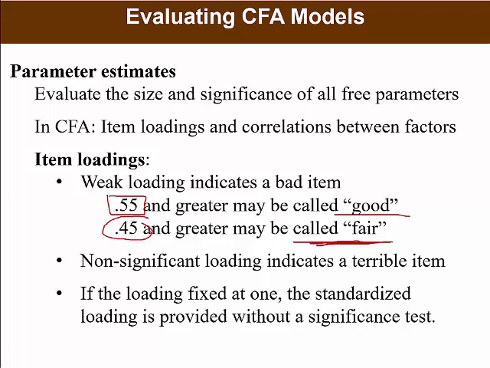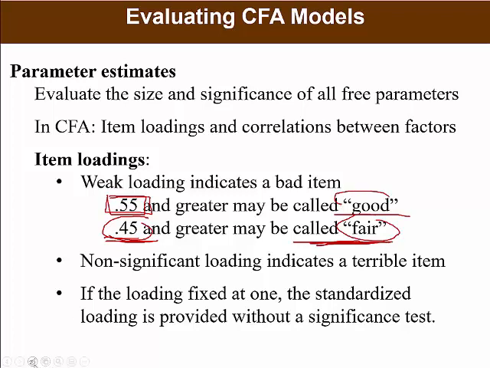So if you want to say this scale or this instrument has good factor validity, if you want to say I have support for my hypothesized factor model, then we want good loadings. At bare minimum, each item should load at least 0.45 or higher on its scale. That's at least high enough to call it a fair loading. Ideally, we'd want 0.55 or greater to be a good loading on that item.